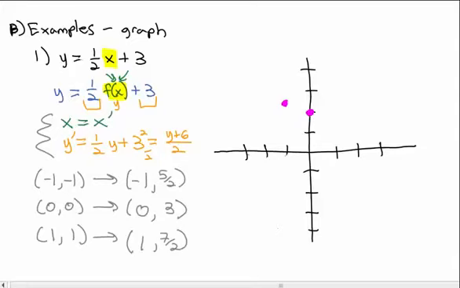Whoops, that's not 0, 3, that's 0, 3, and 1, 7/2. And so when we connect the dots, we end up with this line. There is my linear function.